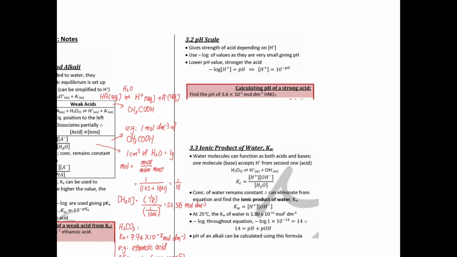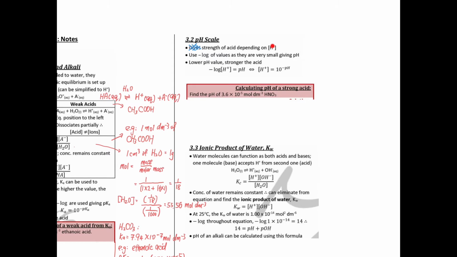So we learned pH last time, and now we have to take the formula of pH. So the first point here, strength of acid depends on the concentration of hydrogens.